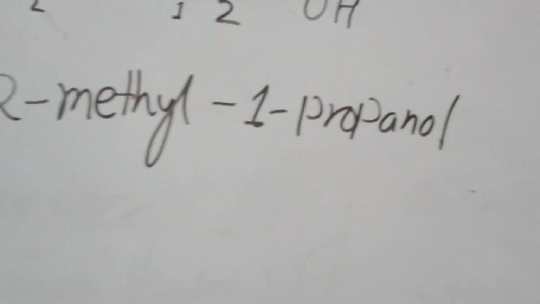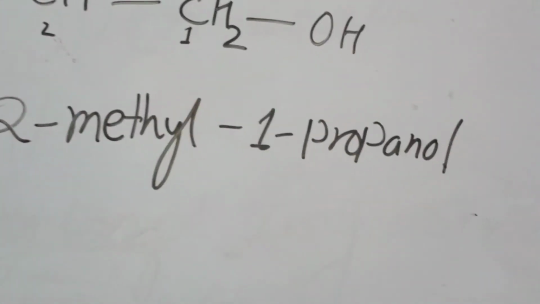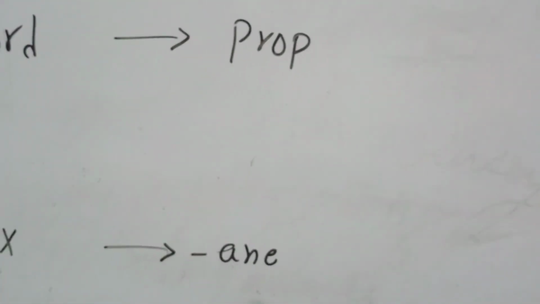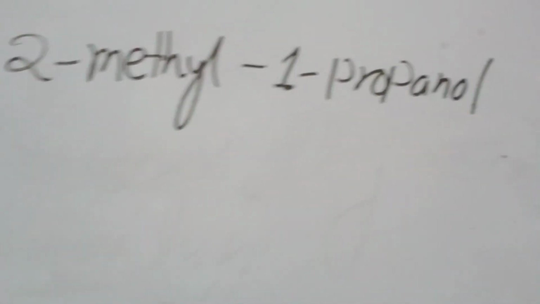However, it is mentioned here only an. So why did this happen here, or why are we not mentioning the ane, rather than mentioning the ane, we are mentioning only the an.